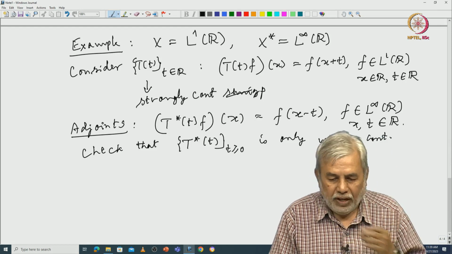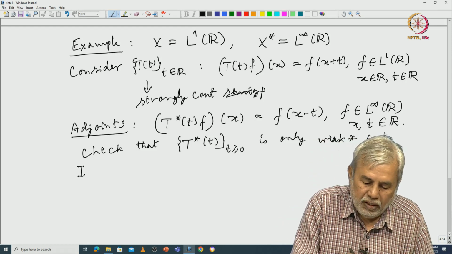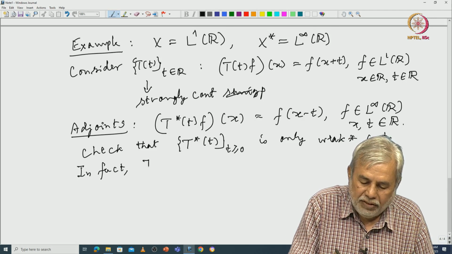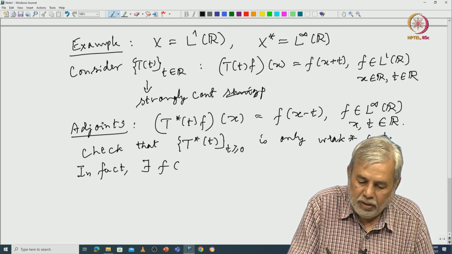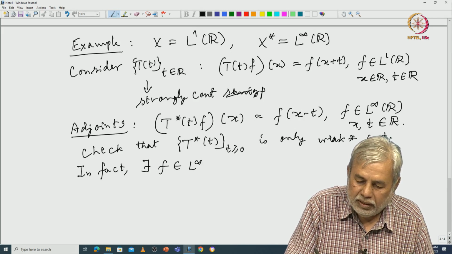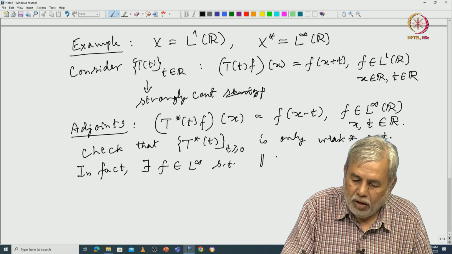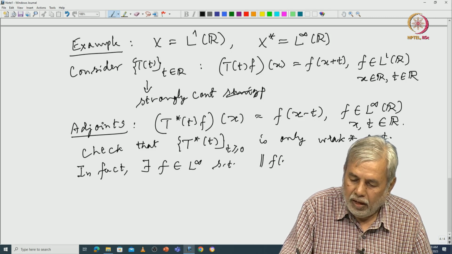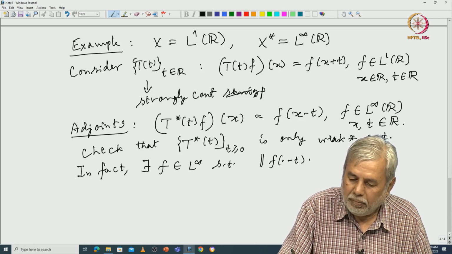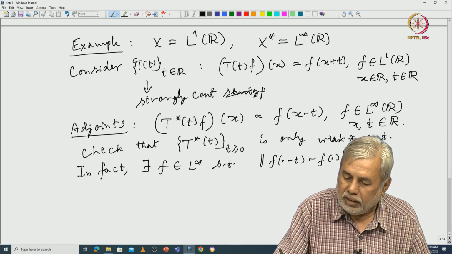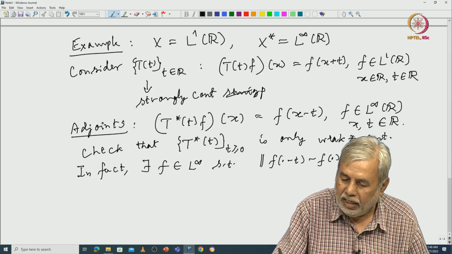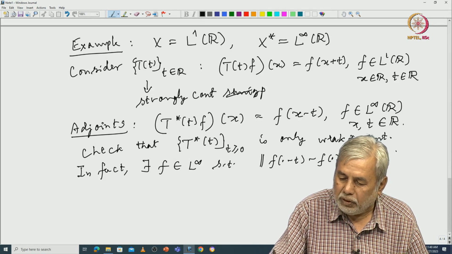In fact, there exists f in L infinity such that this L infinity norm of f of x minus t minus f does not go to 0.